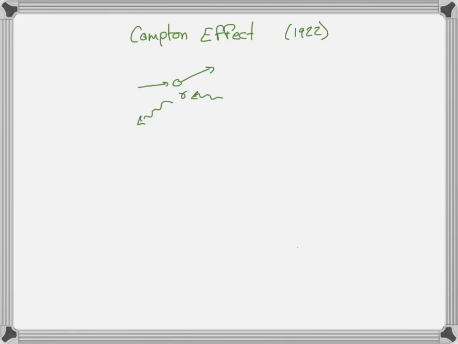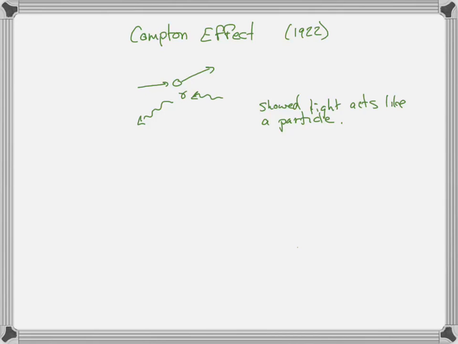I'll probably say more about this later, but one of the things that's important to understand about this effect is that it couldn't be determined until X-rays were discovered because of the high energy nature of the photons.